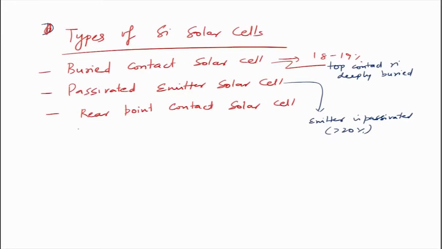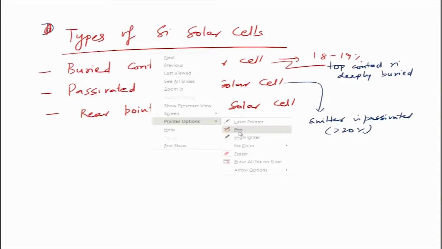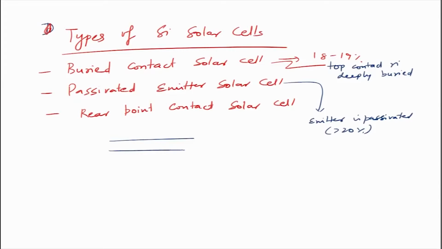Rear point contact, sometimes people also use strategies to make the point contact on the back. So, on the back the contact is like this, sorry. So, if you have this as a device, so front surface we know is like this and the contact is buried and so on and so forth.